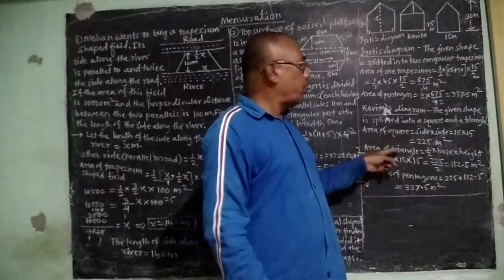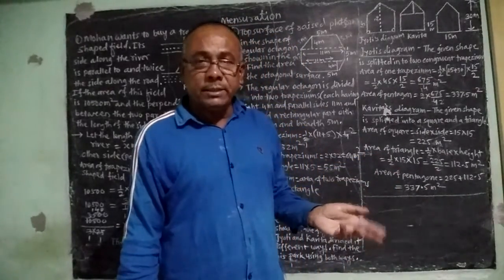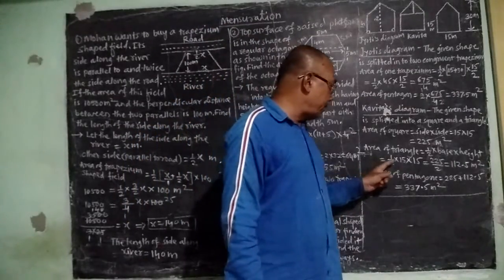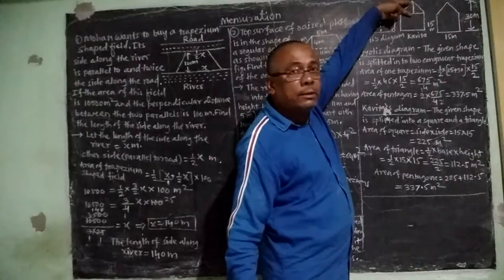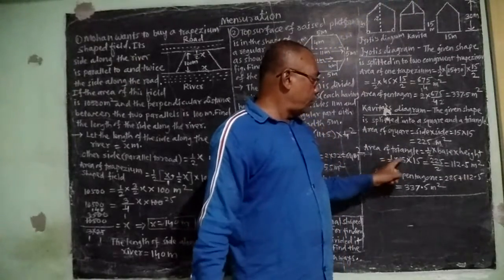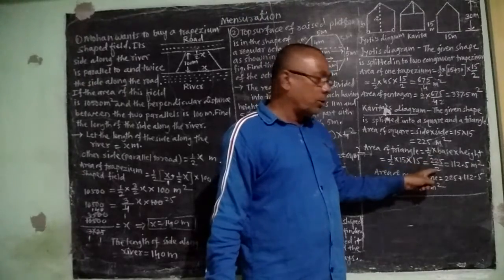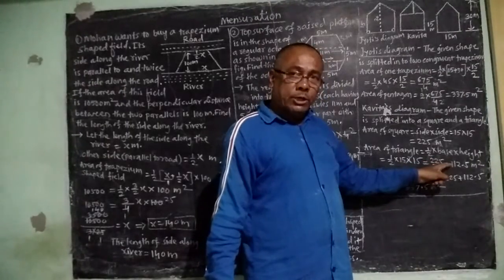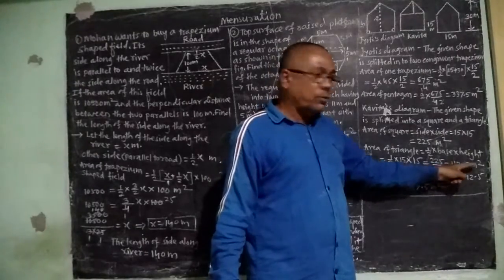Now area of a triangle is equal to 1/2 into base into height. So that is equal to 1/2 into 15 into 15, where base is 15 and height is also 15. That is equal to 225 upon 2, and after reducing we will get 112.5 meter square.